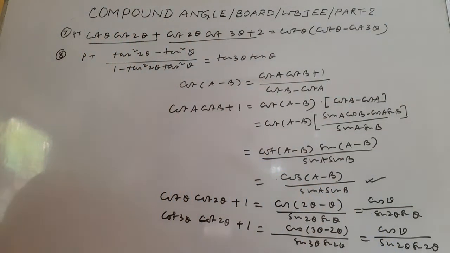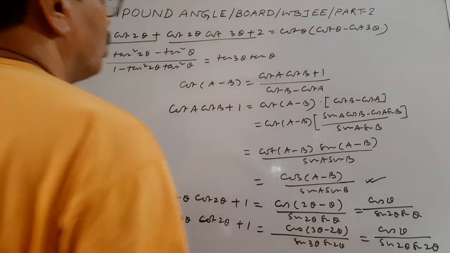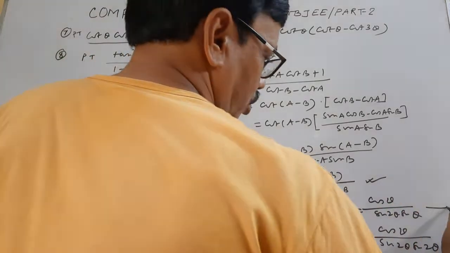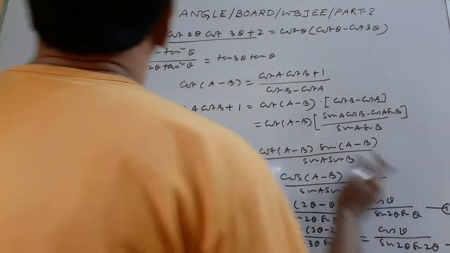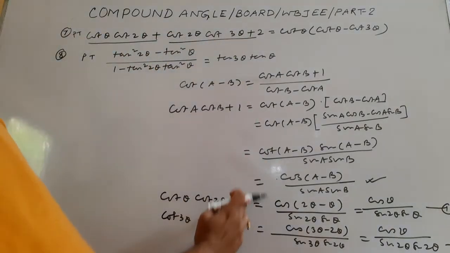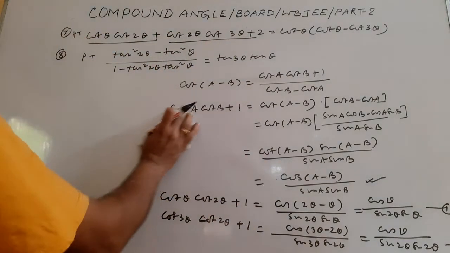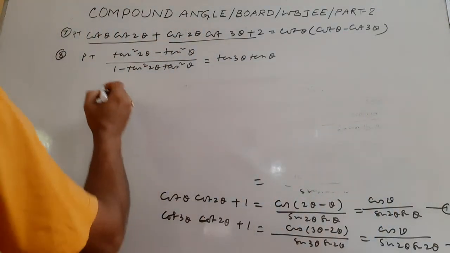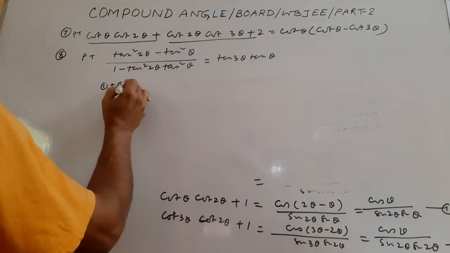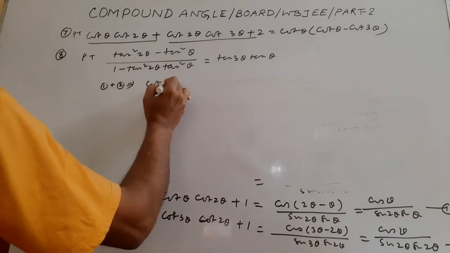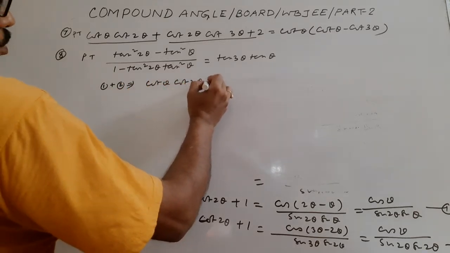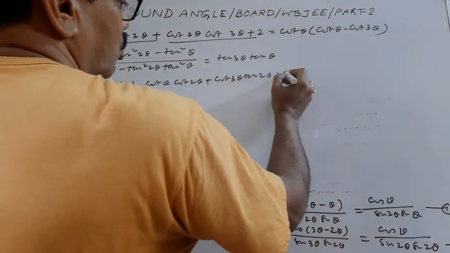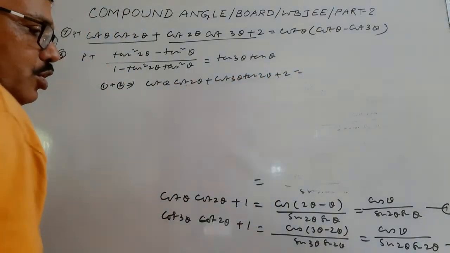Now look, we are getting these two. If you add 1 and 2, we are getting the left hand side: cot theta cot 2 theta plus cot 3 theta cot 2 theta plus 2, since 1 plus 1 is 2.